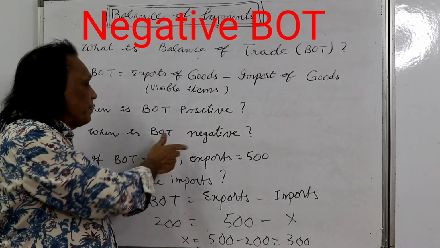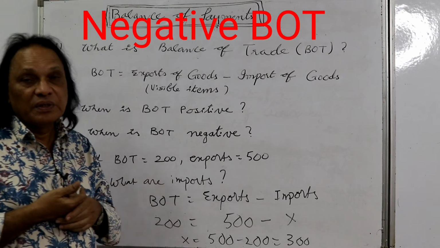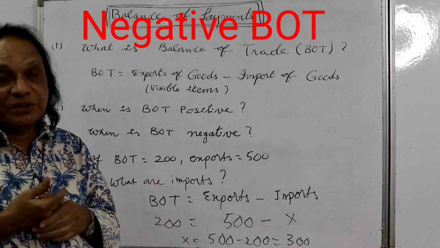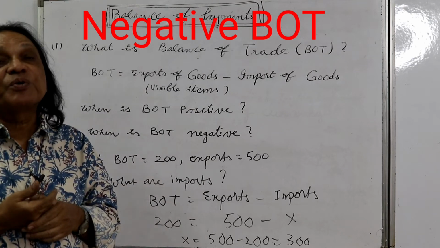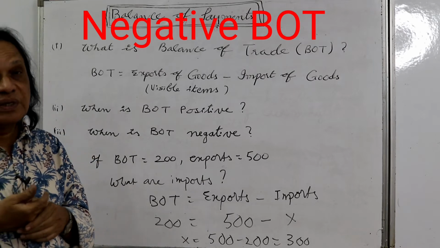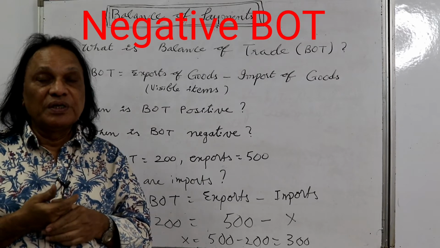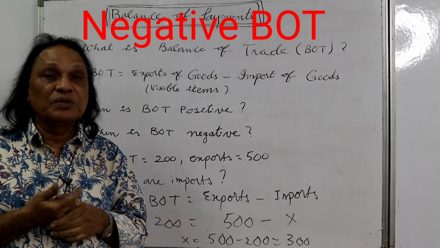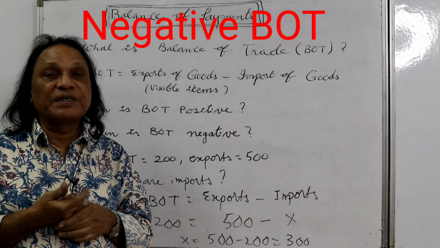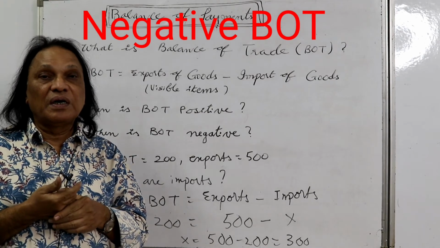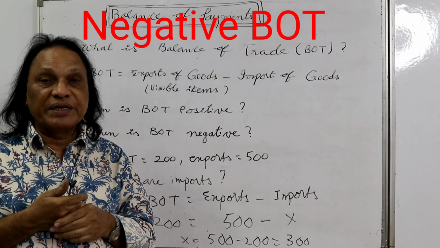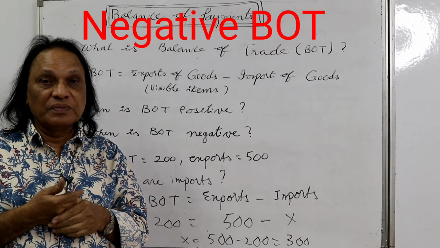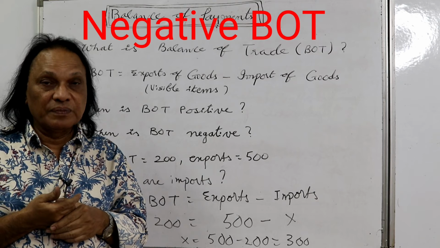When is BOT, balance of trade, negative? When imports of goods is greater than export of goods. If India is importing goods worth $500 billion and exporting only $300 billion, the other way around, so minus 200.